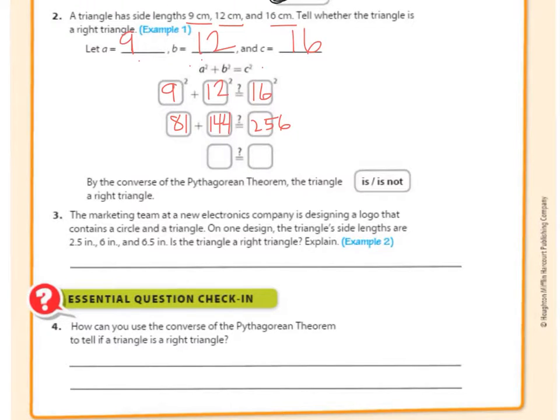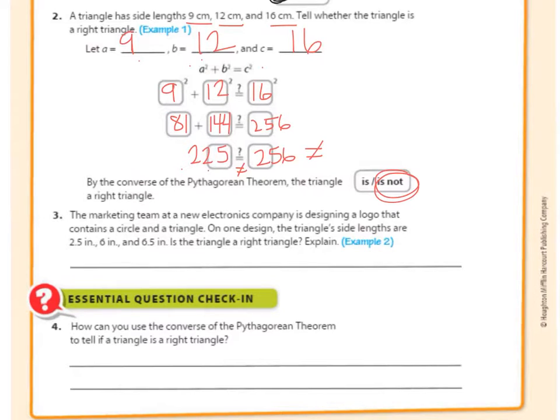Let's add 144 and 81, and we get 225. Bring this number down, 256, and they are in fact not equal. Since a squared plus b squared is not equal to c squared, we do not have a right triangle. So by the converse of the Pythagorean theorem, the triangle is not a right triangle.